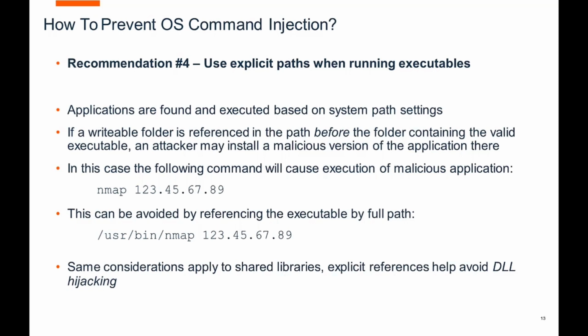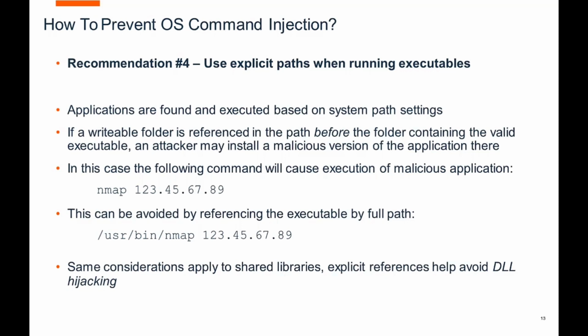If the attacker has a low privilege account on the system, they could log in and drop a malicious version of the application, in this case Nmap, in the folder that's under their control and that appears in the path before the regular folder where Nmap lives.